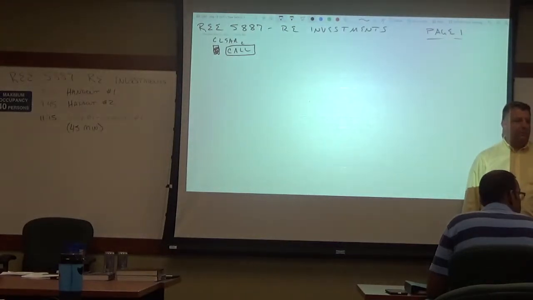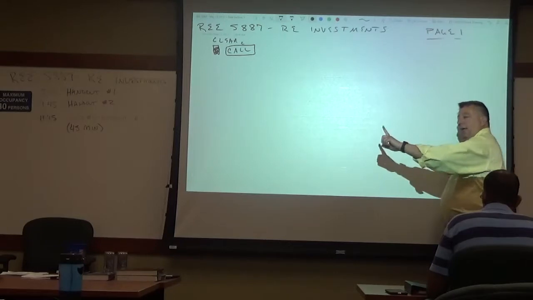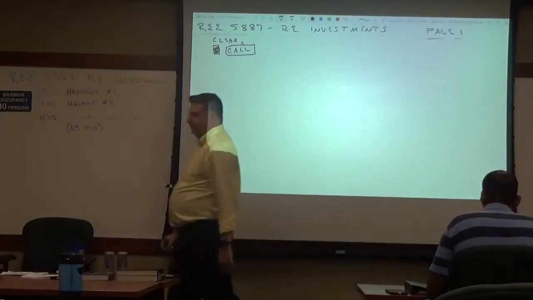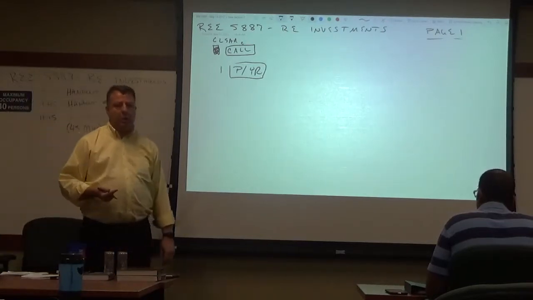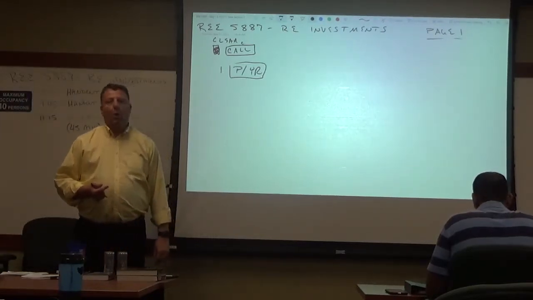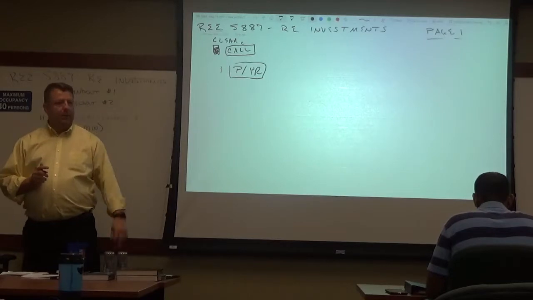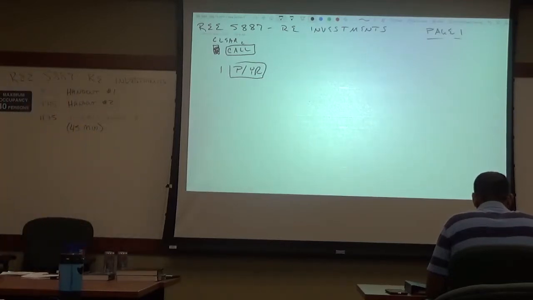If it is 1 P year, that means the calculator is set for annual compounding, or once a year. If it has 12 in the display, that means it's set up for monthly.